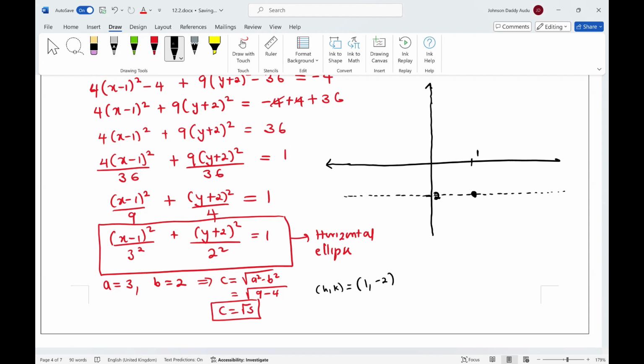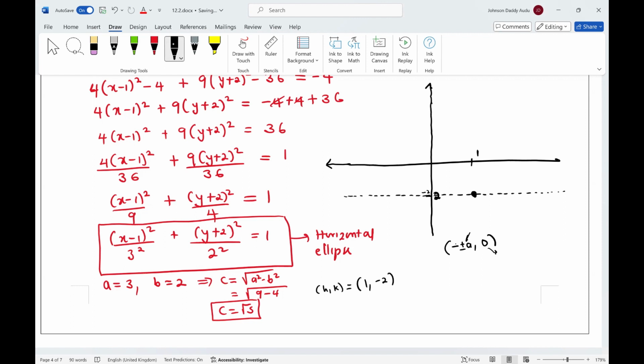Remember when we're dealing with an ellipse centered at 0, the vertices are usually what? Plus minus a and 0. But now in this case, we are not at 0, so k cannot be 0. Our k here is minus 2, as you can see. So the only thing that changes is this one, but you also need to add your h to it, which is 1.